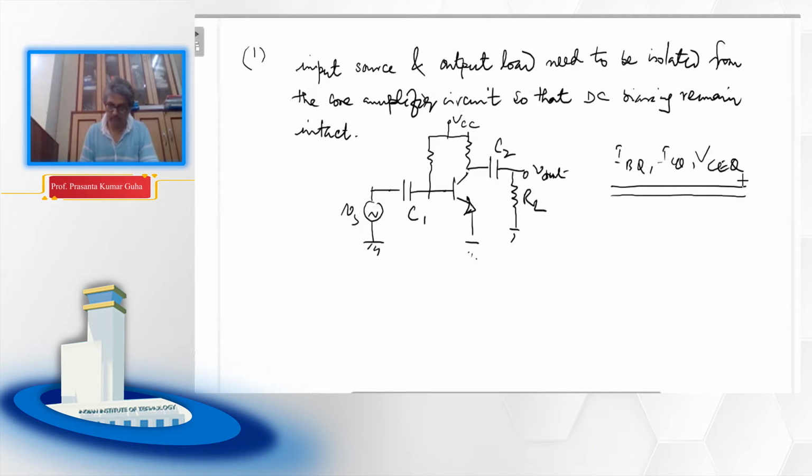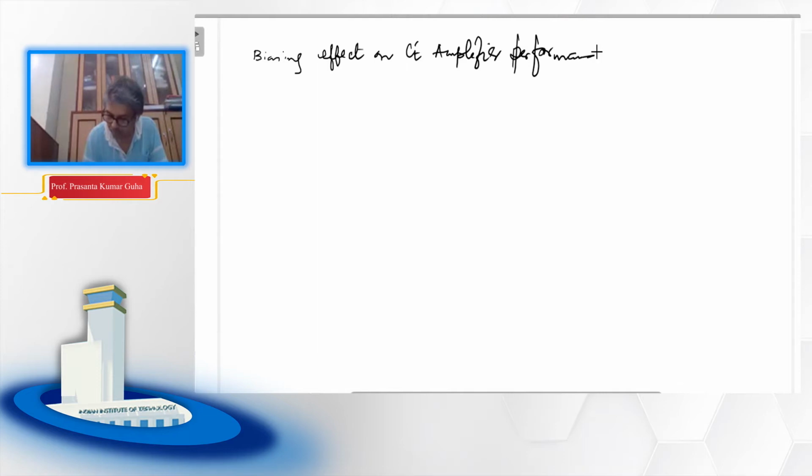Then we discussed the effect of biasing. In this digital pad, somehow my writing is extremely poor.